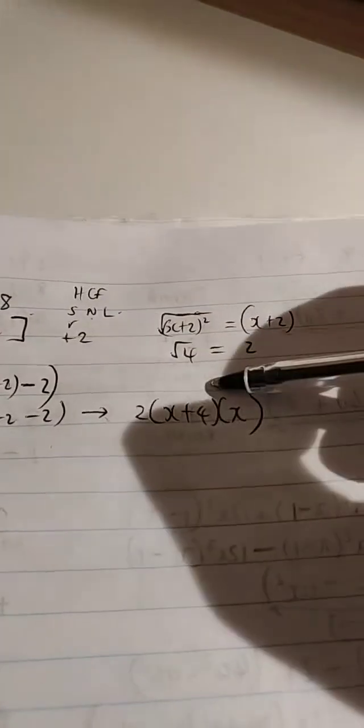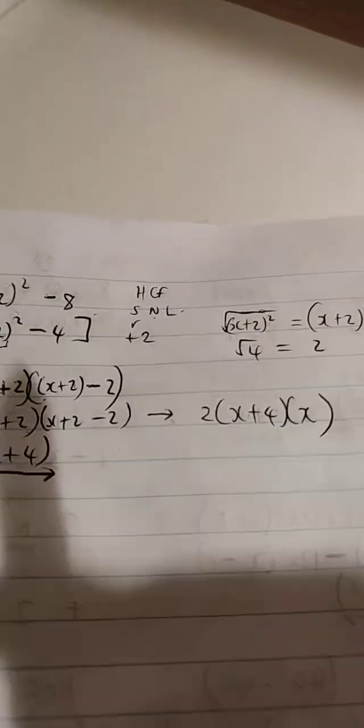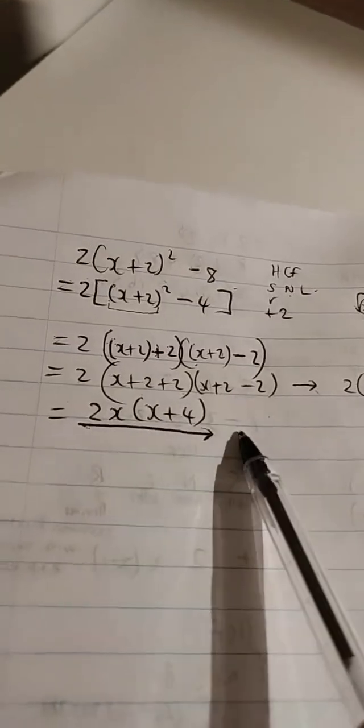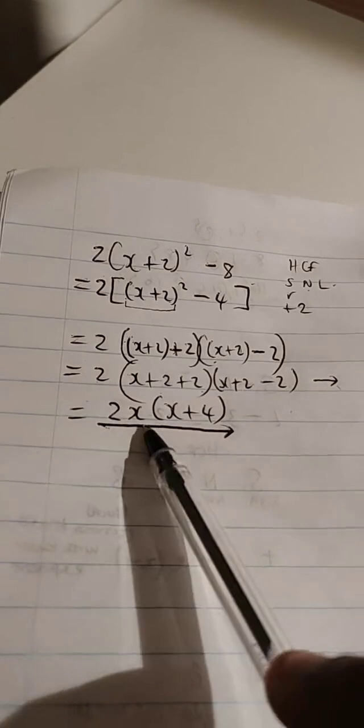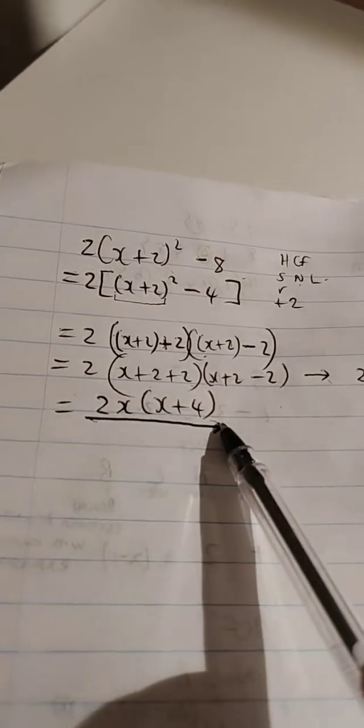So let me just say this, what you see here is x plus 4 into x like this. All right, but then multiplication, this is 2 times the x plus 4 times the x. So it's always nice, guys, the 2, you bring the x next to it, the x plus 4 at the end, because coefficient, numerical coefficient, variable, the bracket.